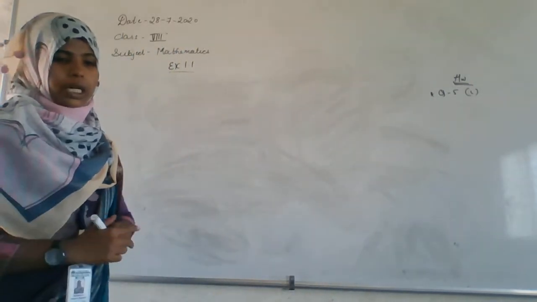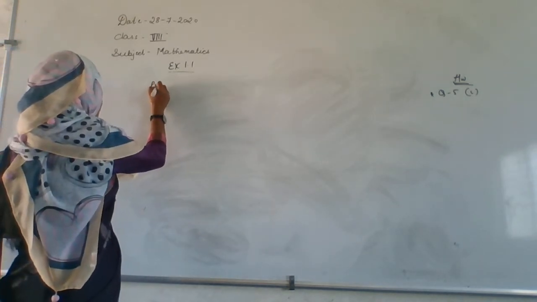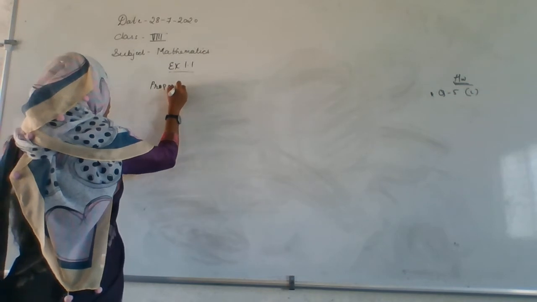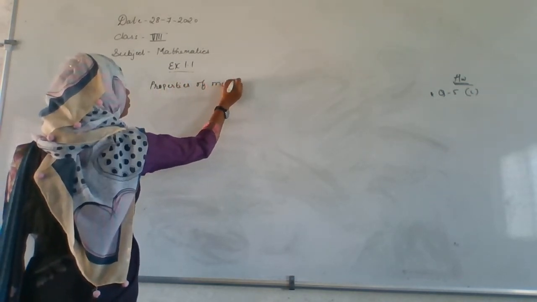Here also you have 6 main properties of multiplication.